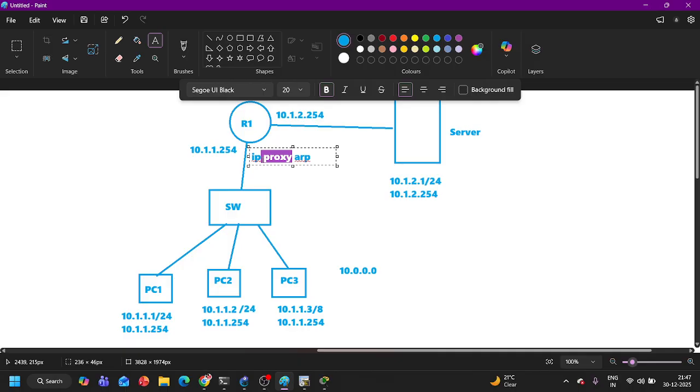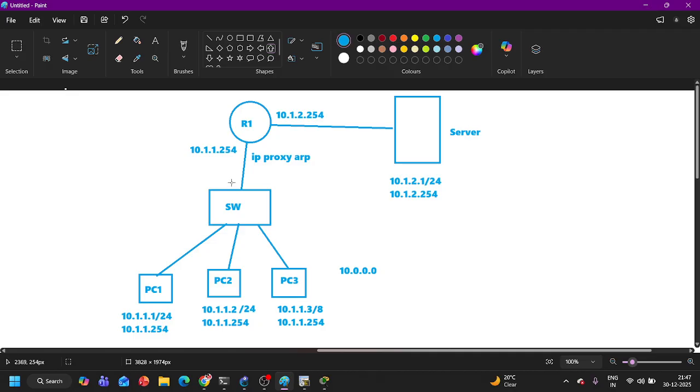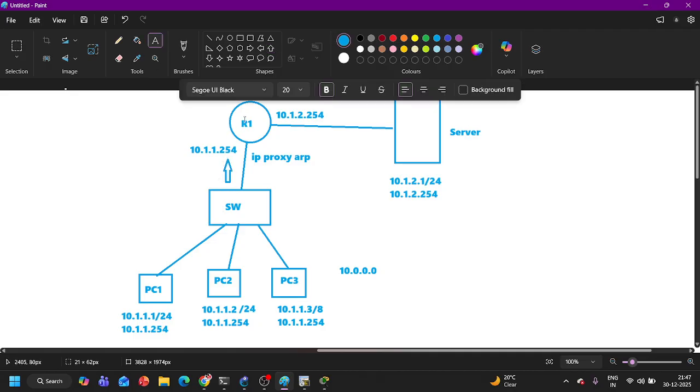Doing proxy. That is the meaning of proxy. When the proxy ARP feature is enabled on this router, and the router receives any ARP request message for any destination IP address, the router will check: is that destination IP address reachable from me? If yes, then okay, no problem. I know the server is in a different subnet. I can forward the traffic to the server.